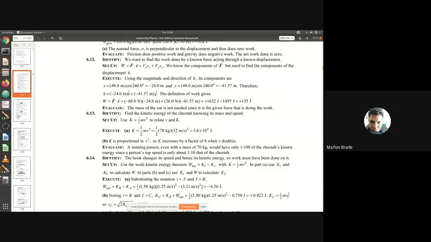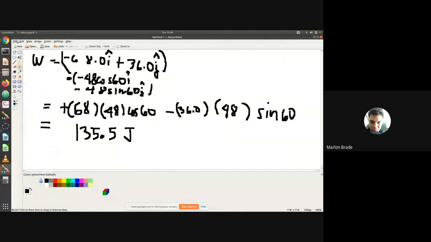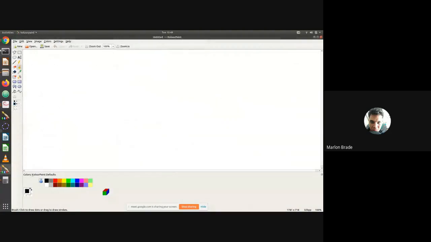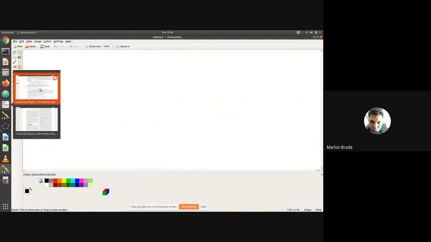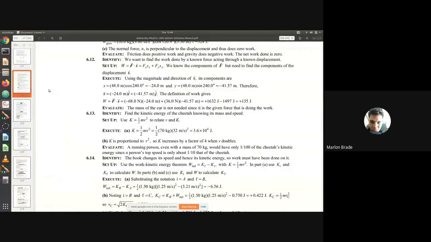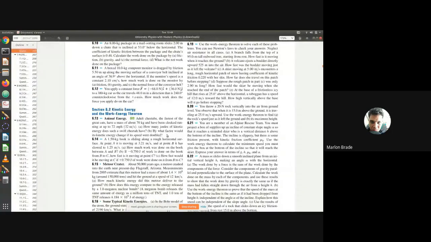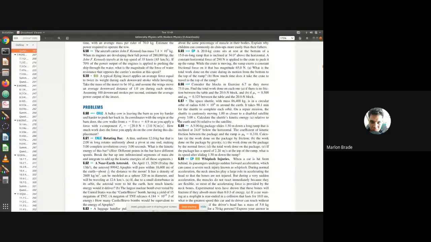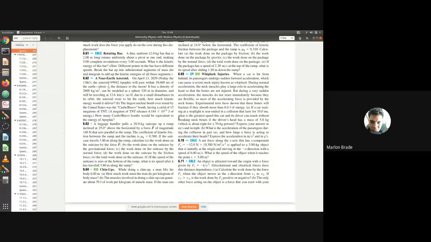Now the next problem given is 6.70. 6.70, sir. Okay. A net force along the x-axis has its x component Fx.